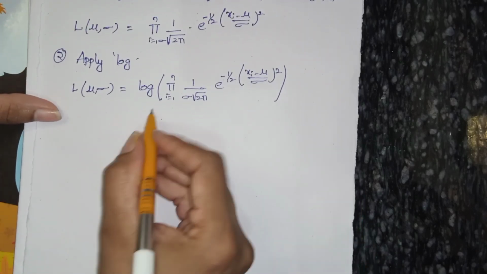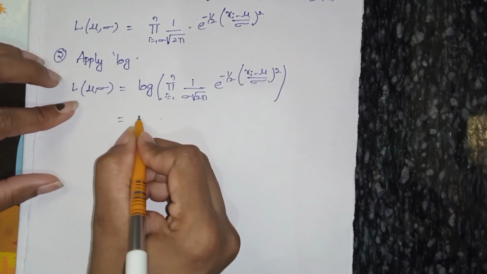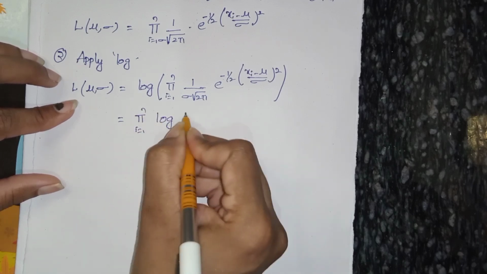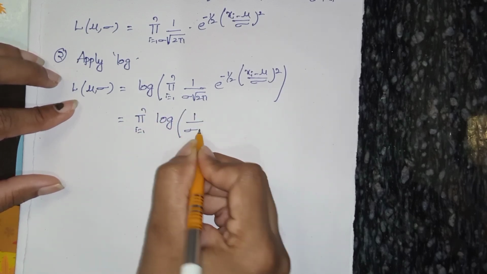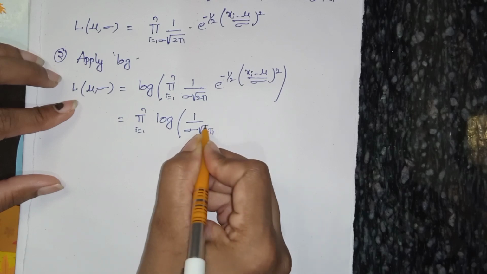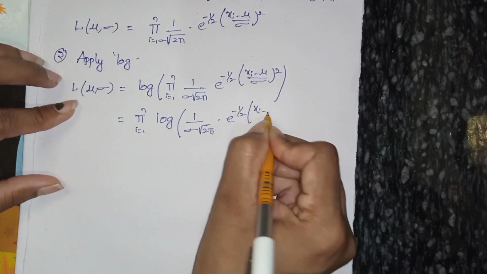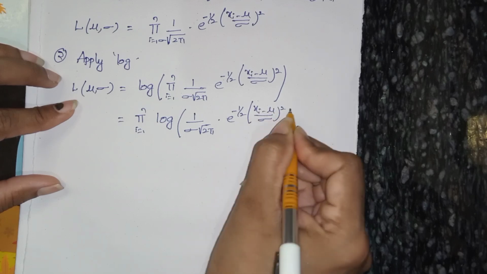Here I am going to write pi outside: pi, i equals 1 to n, log of 1 by sigma root 2 pi into e to the power of minus 1 by 2 into (xi minus mu by sigma) whole square.